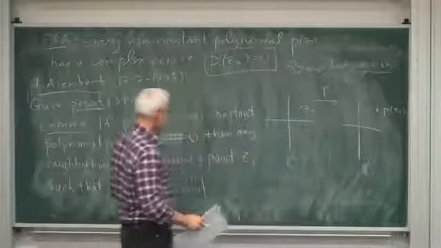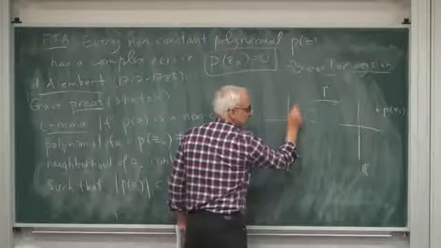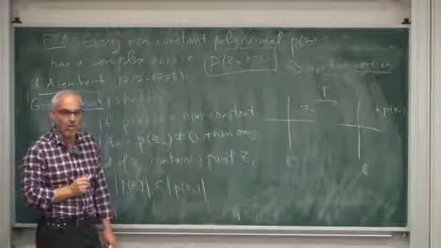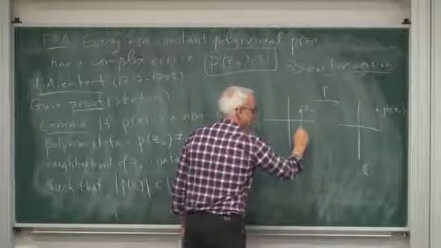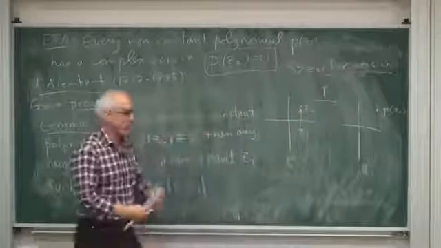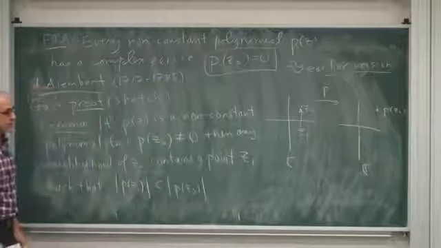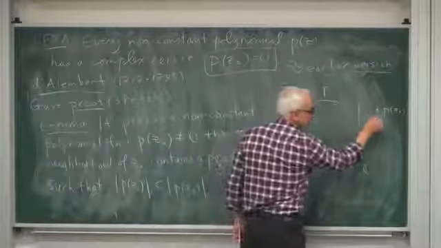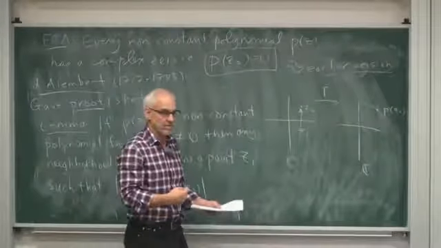Okay? And the lemma says that no matter what little circle you draw around Z0, even if it's very, very small, you can find a Z1 somewhere in there, so that when you look at the image of Z1 under the map, you get something which is closer or smaller than P of Z0 in absolute value.